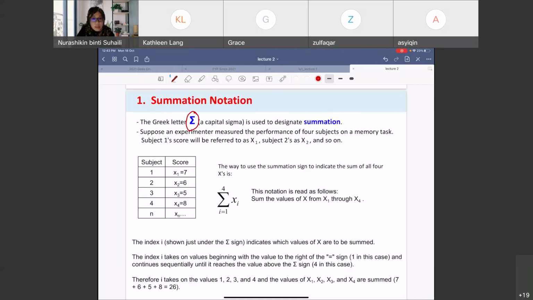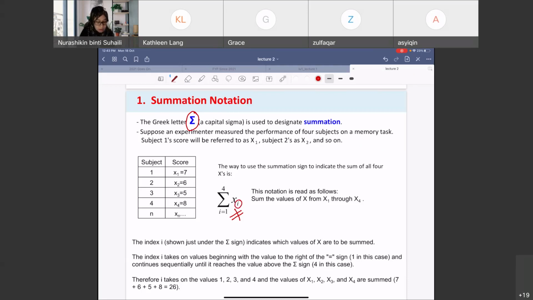Sigma is a capital sigma. So you should understand that if this term is used, it means summation of whatever the things are within that, the data within that subject. For example, here, the summation of xi, the i normally refers to the thing inside that subject, whatever it means.